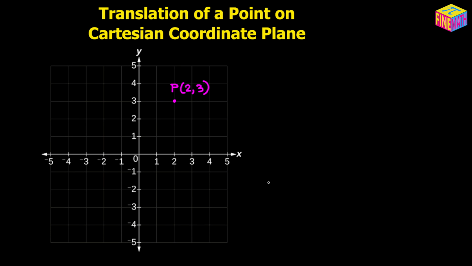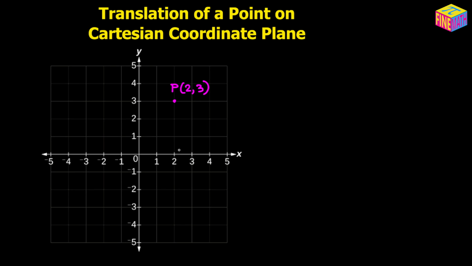Now we want to find out what will happen if we move this point in a certain direction by a few units. So suppose I move this point up by 1 unit, for example. Then what will happen? Well, the x coordinate will remain the same because I am not moving it left or right. I am simply moving it up, which is along the y-axis. That means the y-coordinate will change.